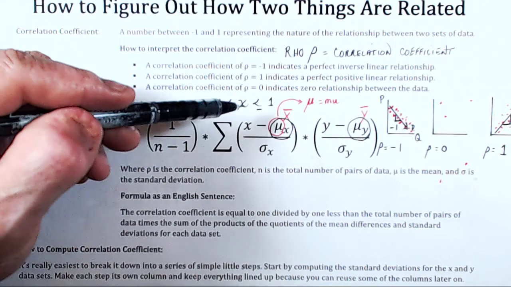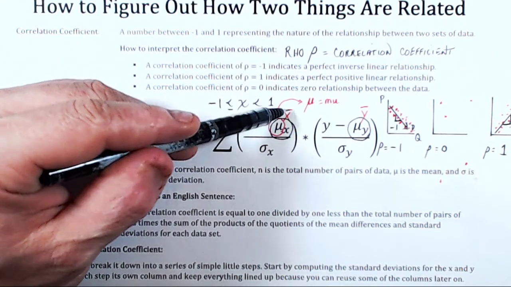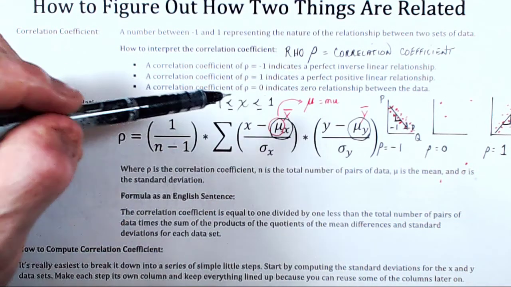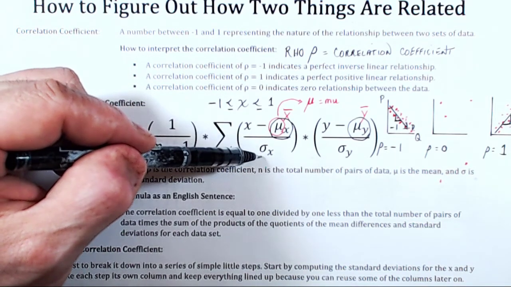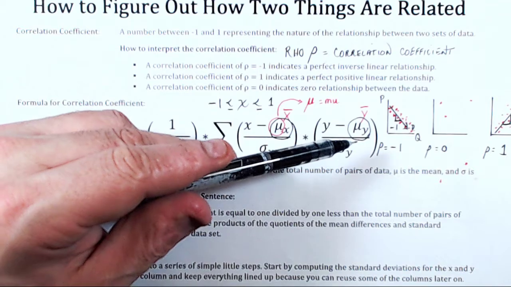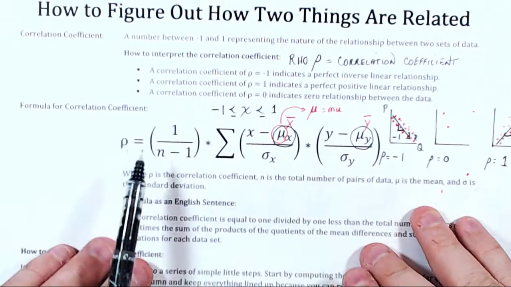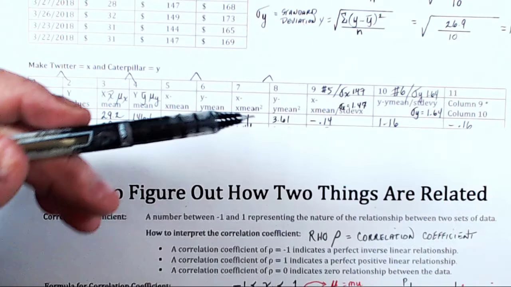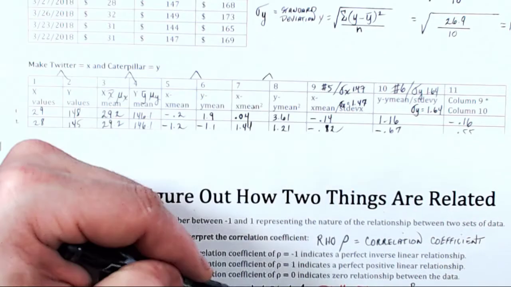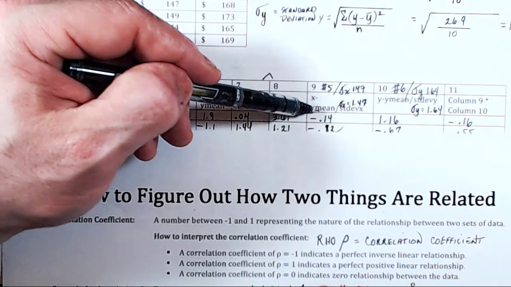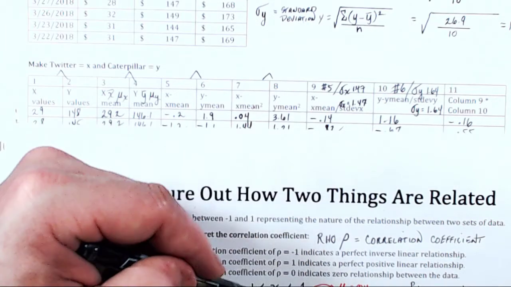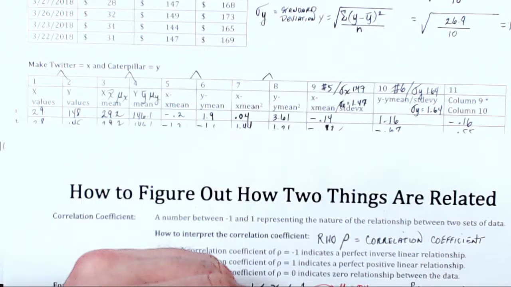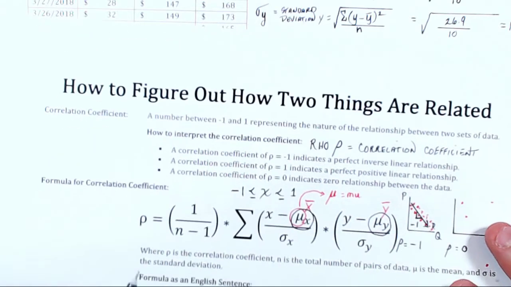Yes. This is x minus x bar and y minus y bar. I got that calculated. We divided it by the standard deviations for the respective columns. See what I've done here? X minus x mean divided by standard deviation of x. Y minus y mean divided by the standard deviation of y.